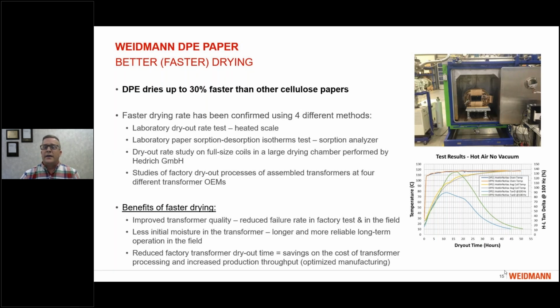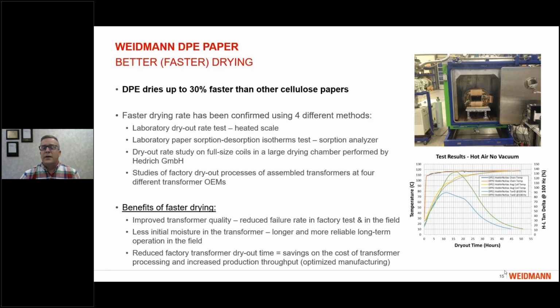We did a special study on full transformer coils with a partner company of ours, Hedrick in Germany. And on the right, you can see a picture of that particular study with a test coil in there.